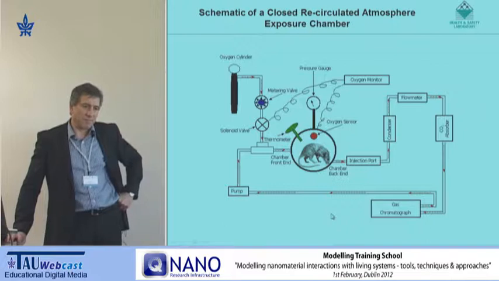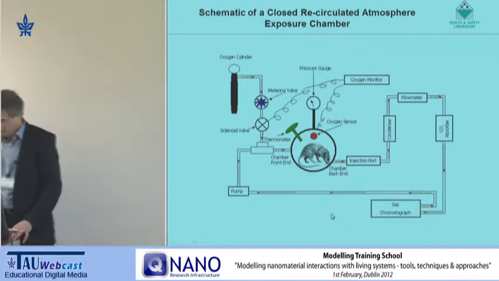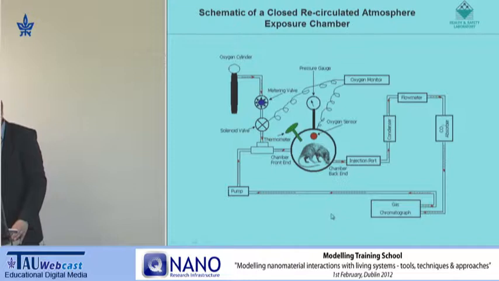And we are making progress in understanding how particles are biodistributed in the body. For example, we know that it's size dependent. If you inject nanoparticles in the blood, the larger nanoparticles can accumulate in the lung, but the smaller nanoparticles go straight into the vision.